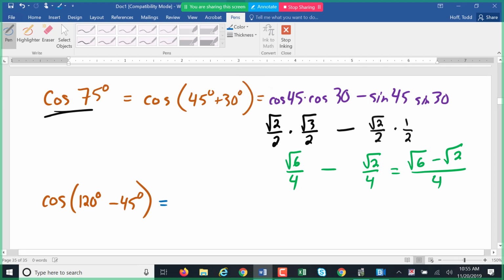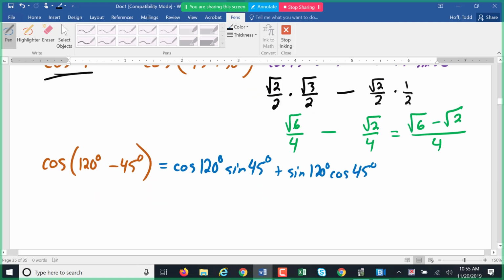So the cosine difference formula is the cosine of A minus B is the cosine of A, so that's the cosine of 120, times the cosine of B, so the cosine of 45, plus the sine of A, so the sine of 120, times the sine of B, so the sine of 45.